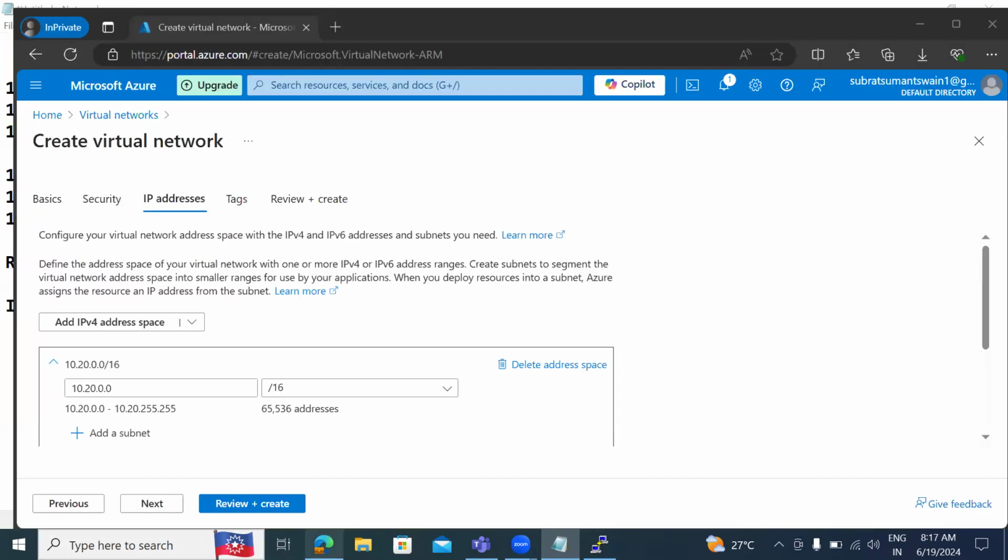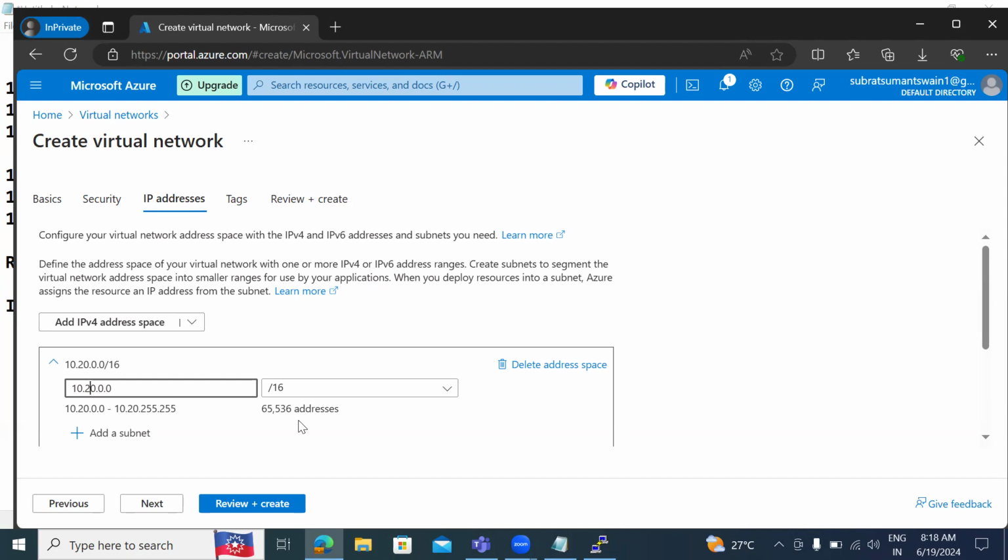So now here I am creating 10.20. While giving a VNet, most companies use /16. With /16, how many IPs do we get? 65,536 IPs.